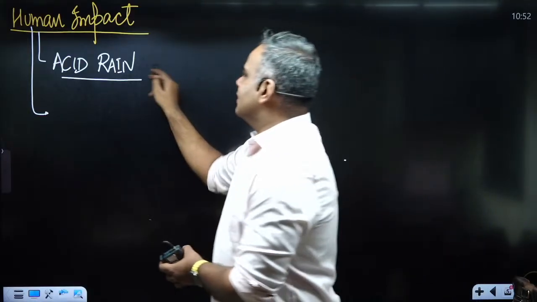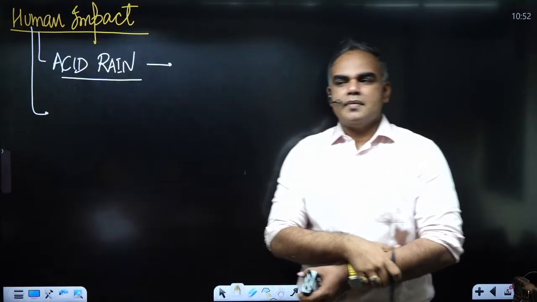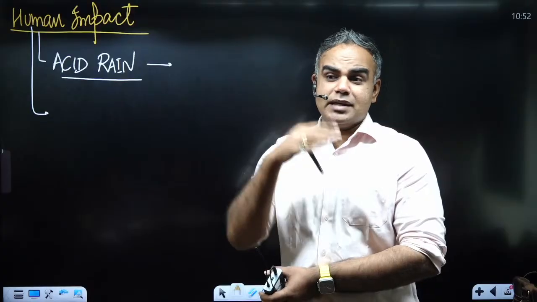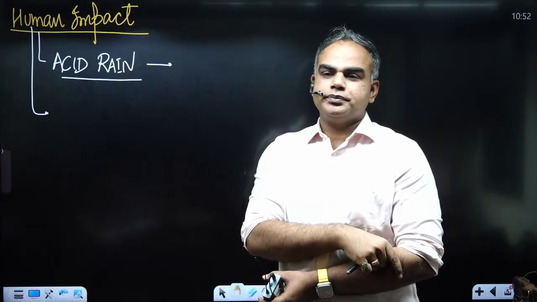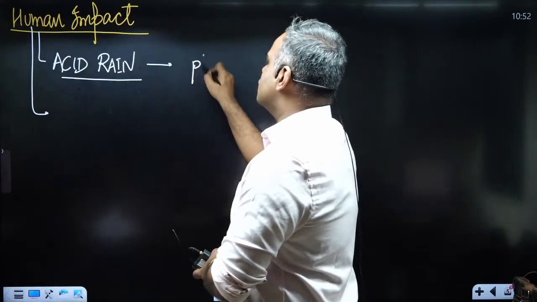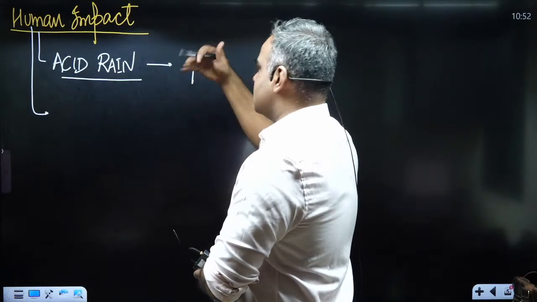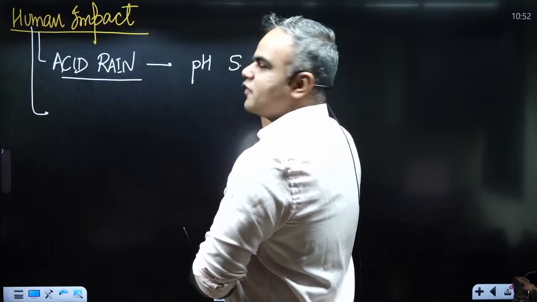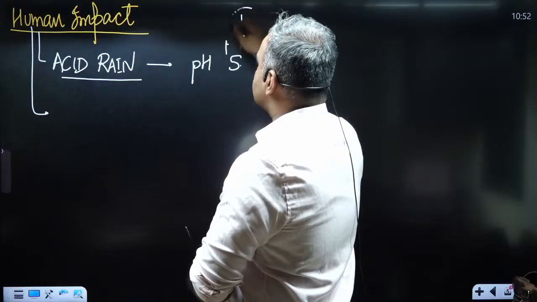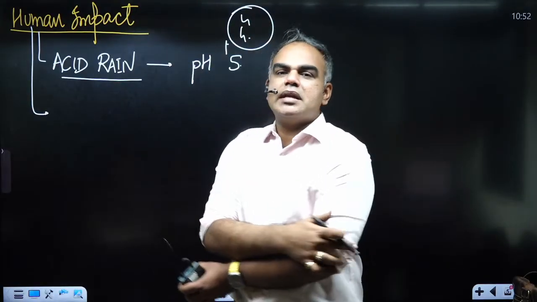What is acid rain? Basically, the pH is lower. Normally the pH of rain is nearly 5 to 5.5. Here it can go even to 4.5 or even 4. That is why acid rain is very dangerous.